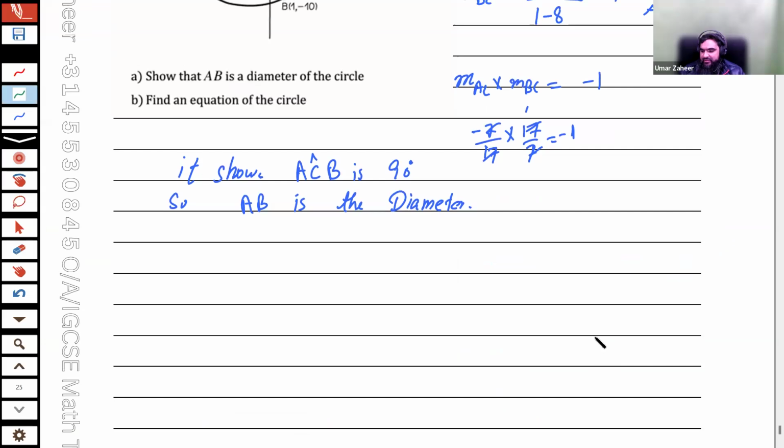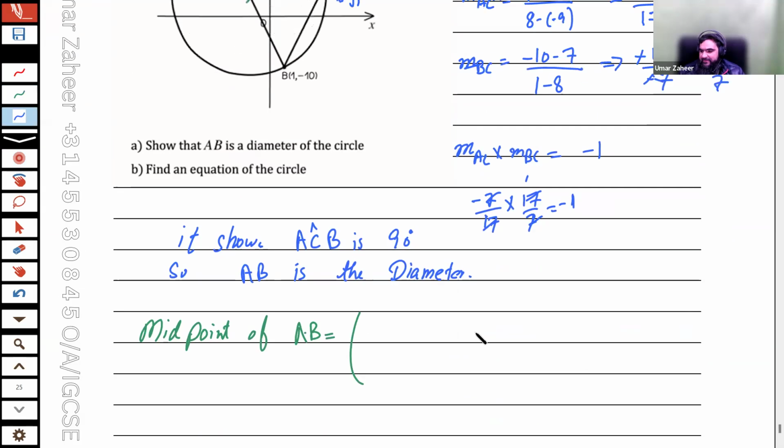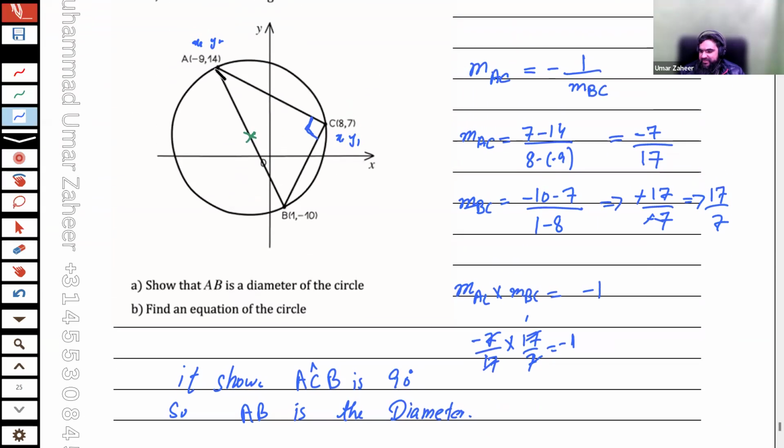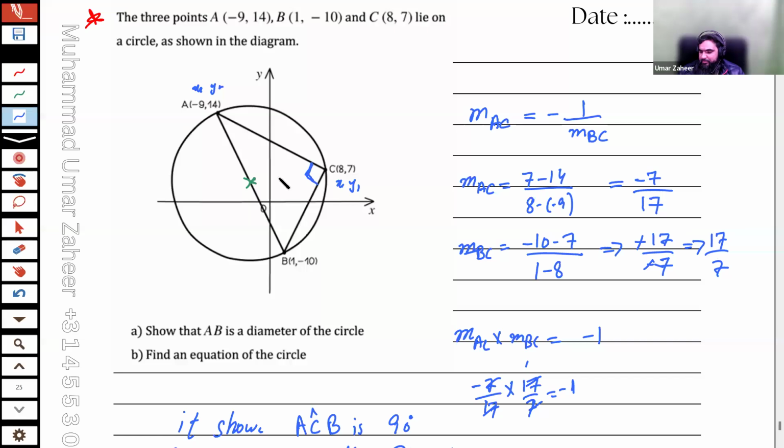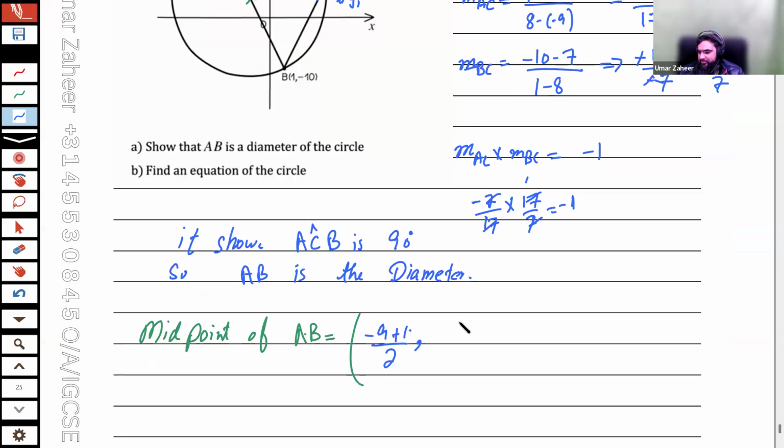So let's find the midpoint of AB. That would be equal to minus 9 plus 1 divided by 2, and 14 minus 10 divided by 2.